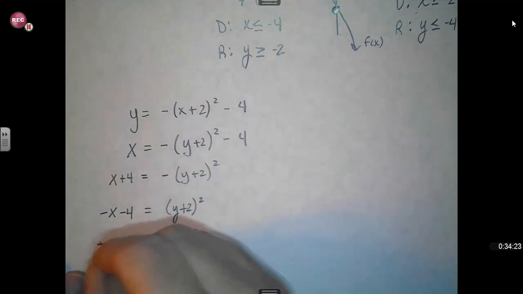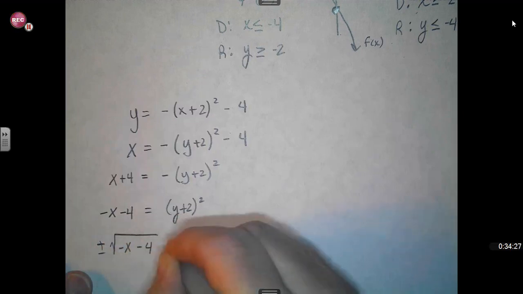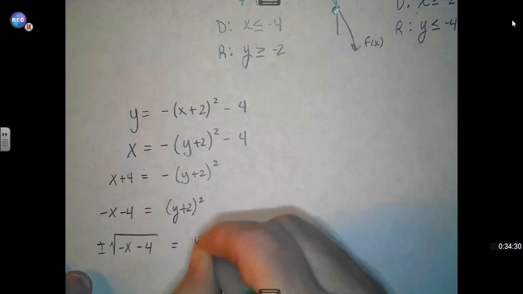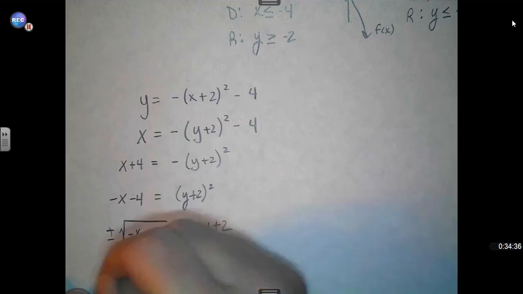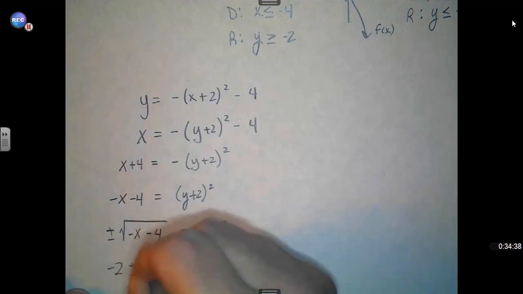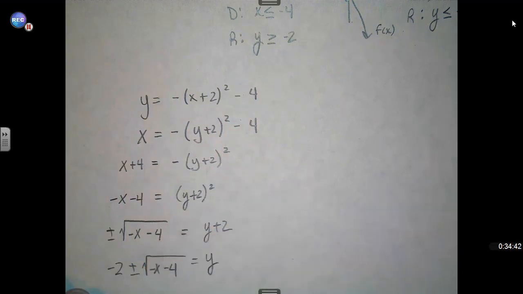So plus or minus the square root of minus x minus 4 equals y plus 2. And then I'm going to subtract that 2 and get -2 plus or minus the square root of minus x minus 4.